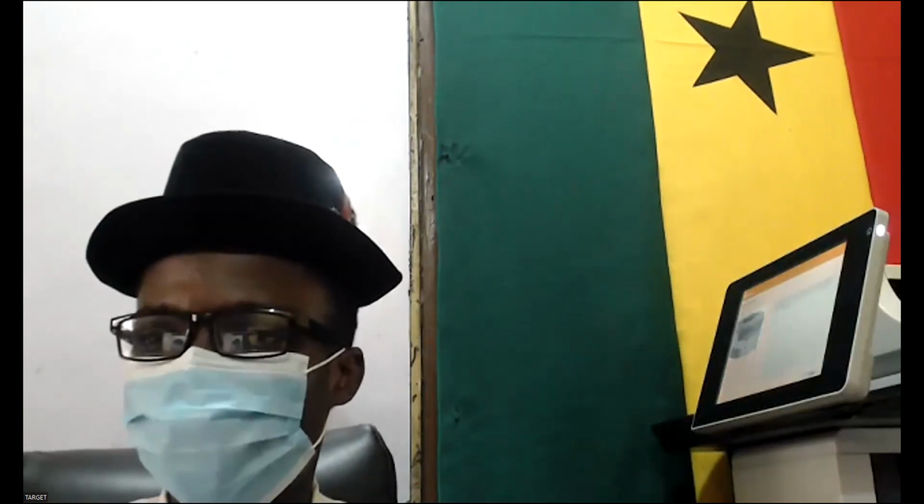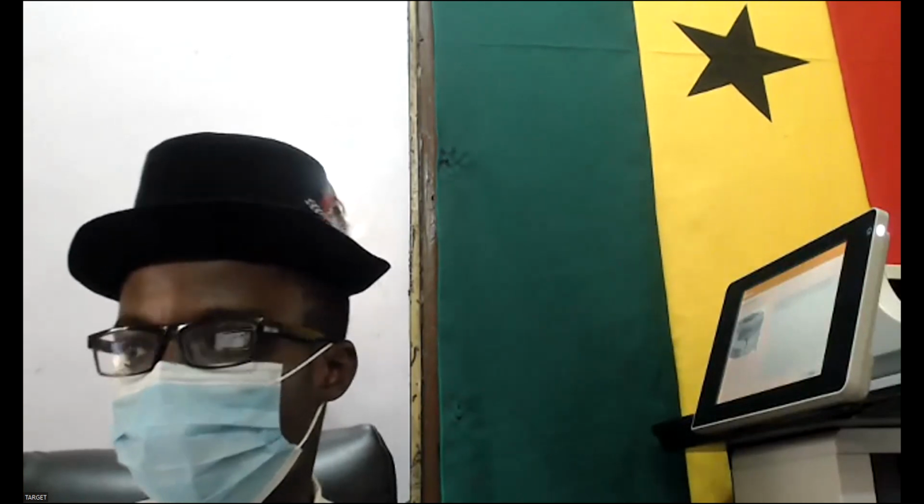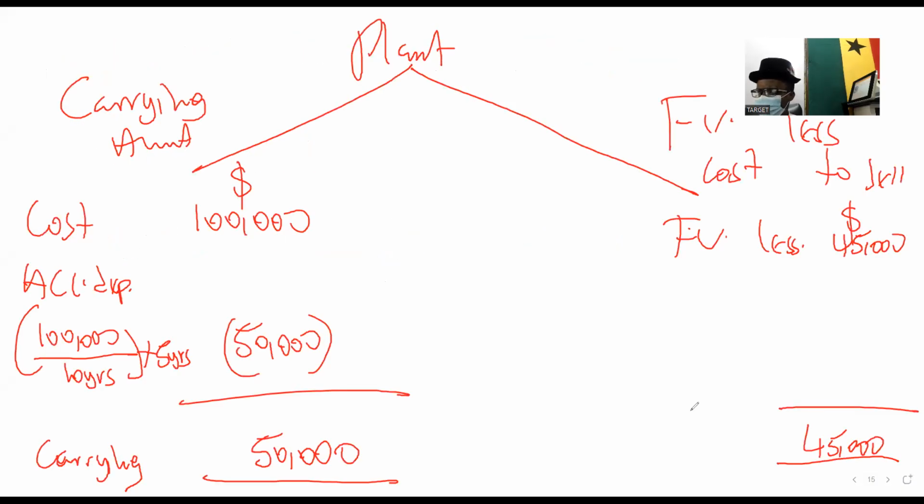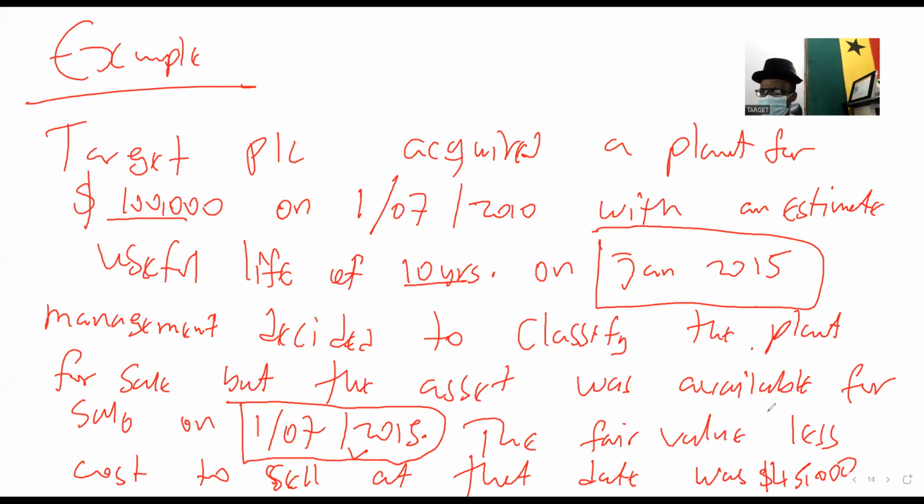Take notice. So after the initial, let's just assume Target Professional Consult is good. But don't forget that Target Professional Consult in 2015 will depreciate the asset from January to July. That one they will depreciate and take to P&L, normal depreciation.